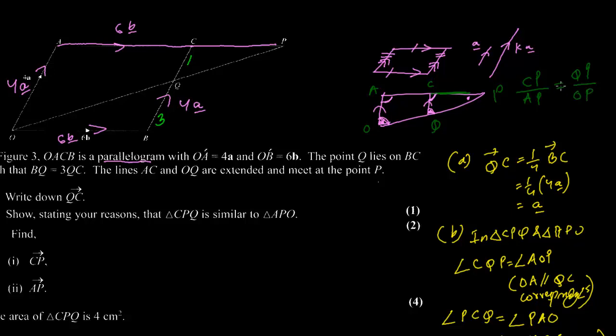They should all be equal. And we have another one, the common or third angle. Opposite this is CQ, and opposite it in the bigger triangle is OA. So all these three ratios are equal.